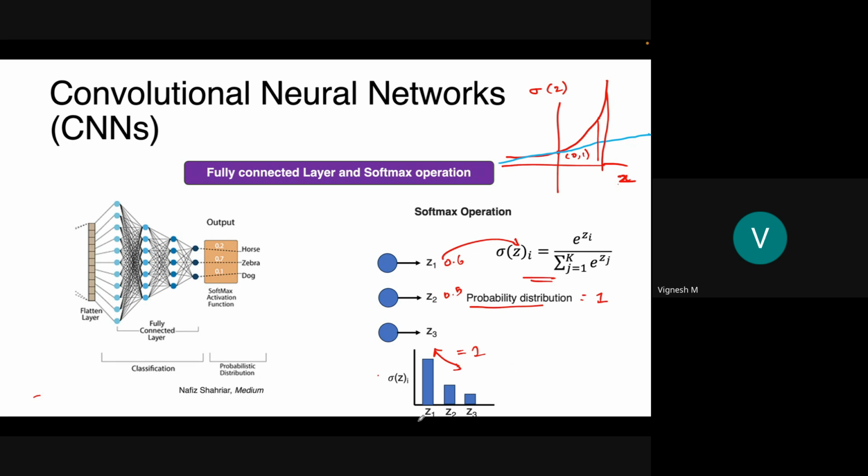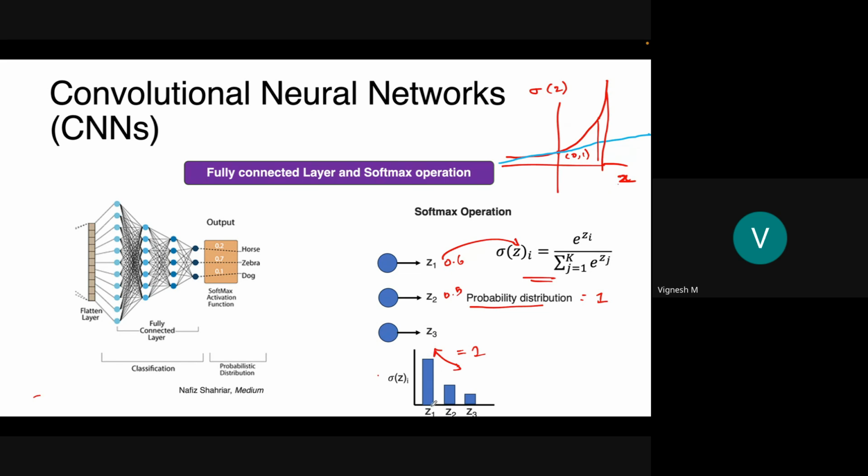By looking at the probabilities, you can find out Z1 is higher, but how do you actually find out what is being predicted at that given time? Any idea? Sir, argmax. Yeah, you can do an argmax simply and find it out.